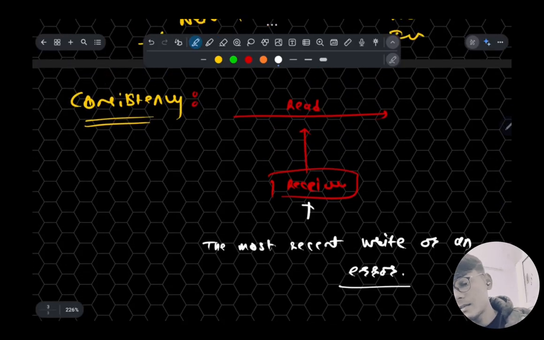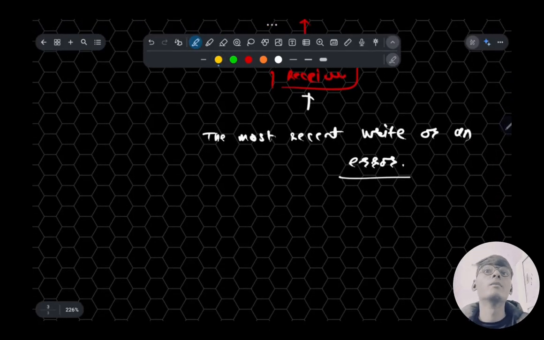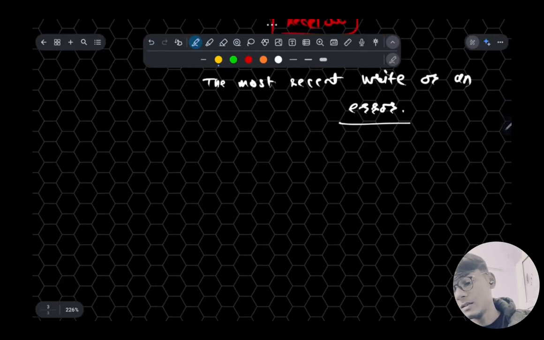How exactly is this defined? Everyone sees the same data at the exact same time. That is consistency.